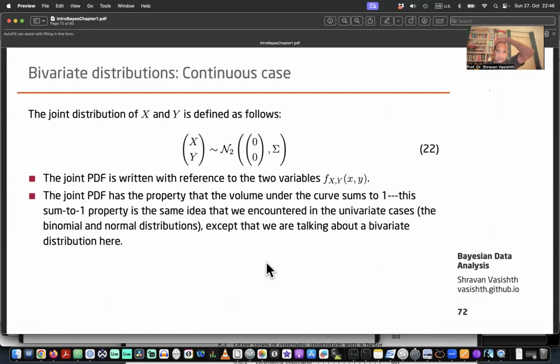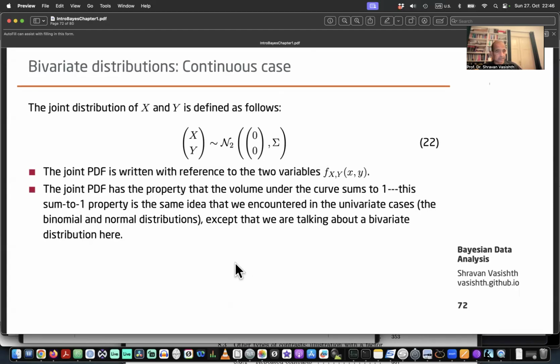Okay, so notice though that the joint probability density function of these two random variables is now described by this function. So there's actually an equation that you could write down that represents this function. I'm not showing it, but you could do that. And so one of the properties of this joint probability density function, right?